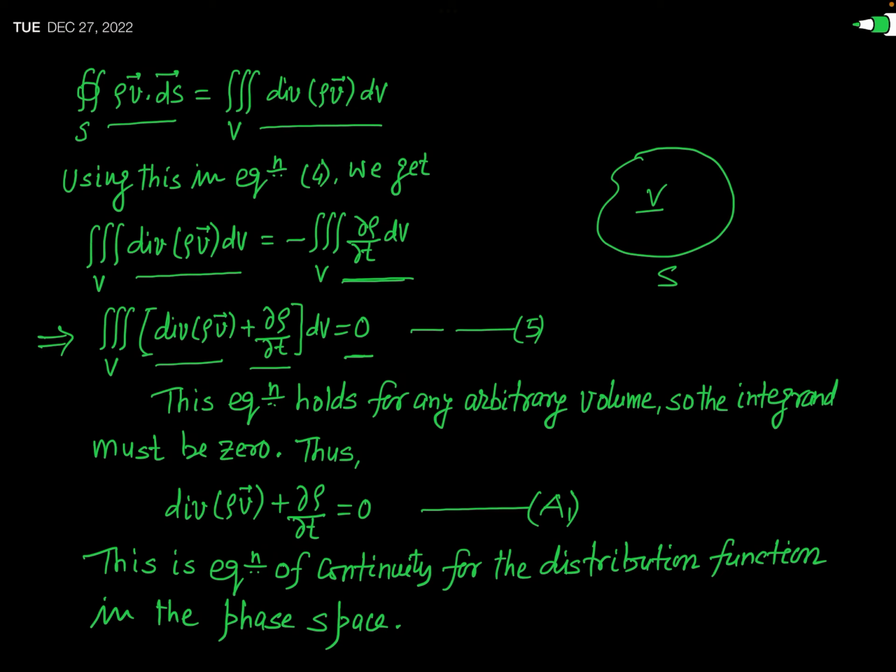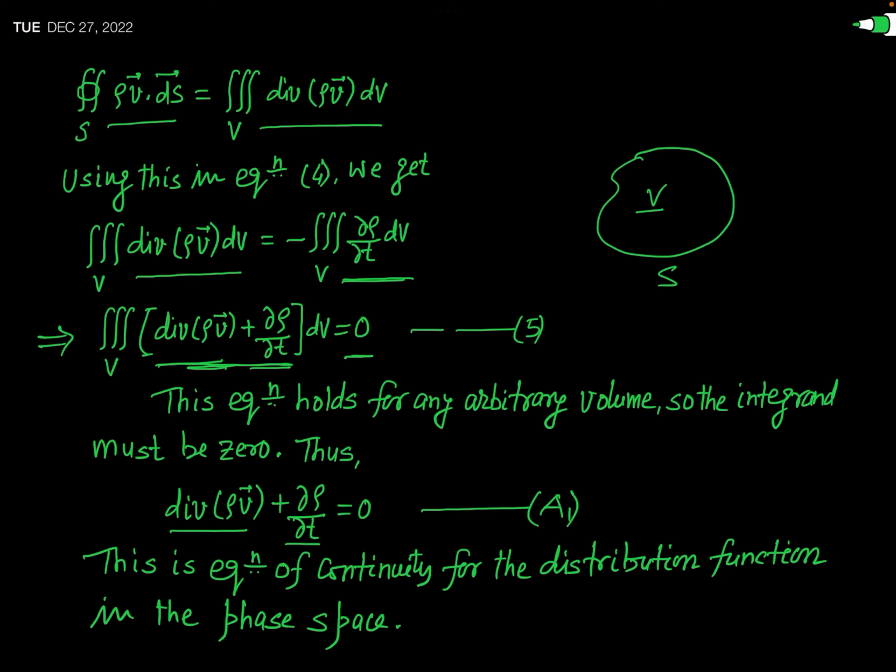So what does it mean? It means as the integral is definite, definitely the integrand must be equal to 0. On this basis you can say that divergence of rho v plus del rho by del t is equal to 0.